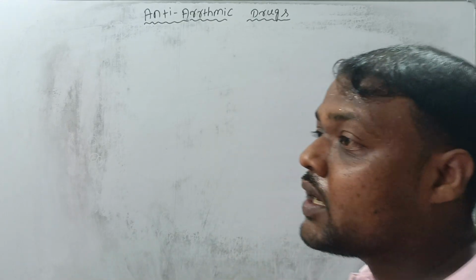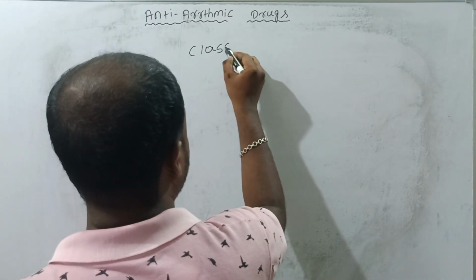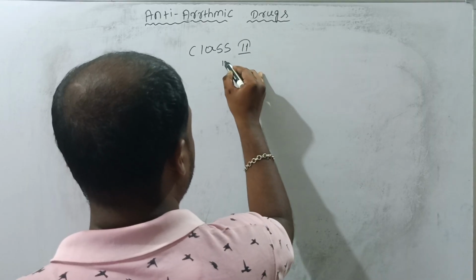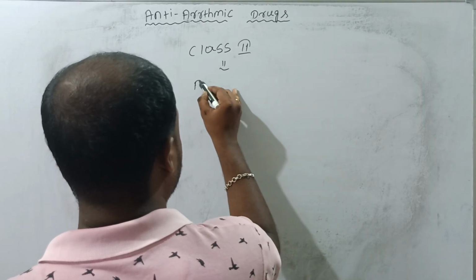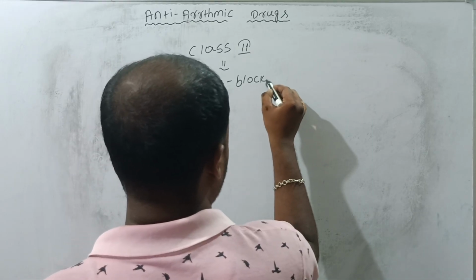Then the class 2 antiarrhythmic drug is the beta blocker. Clear?